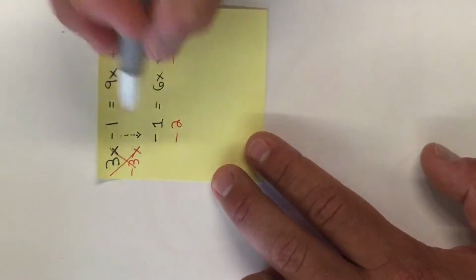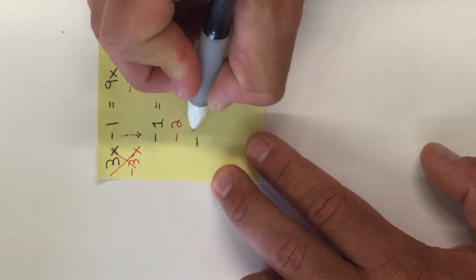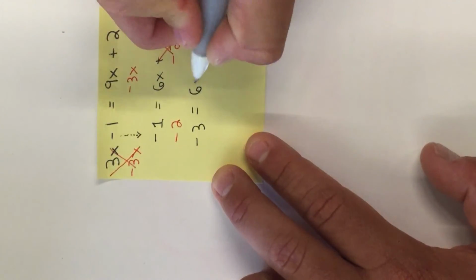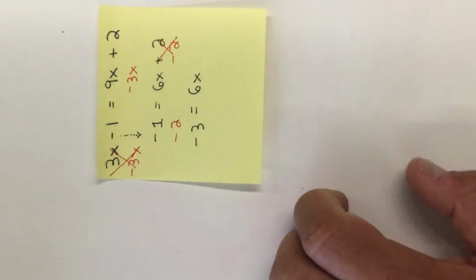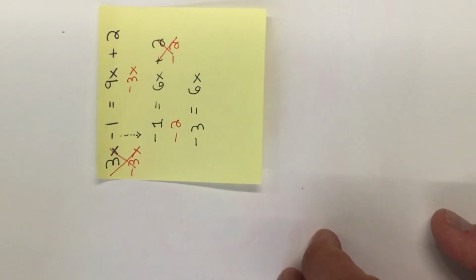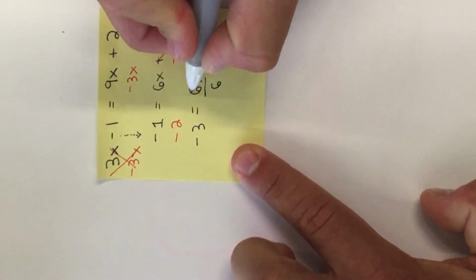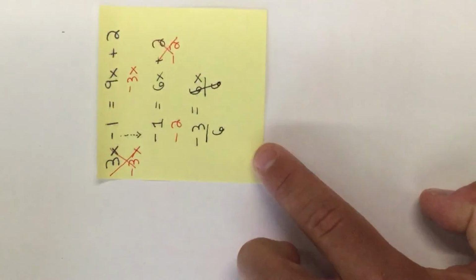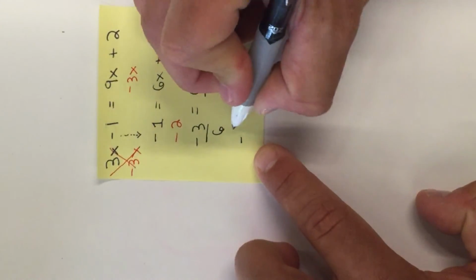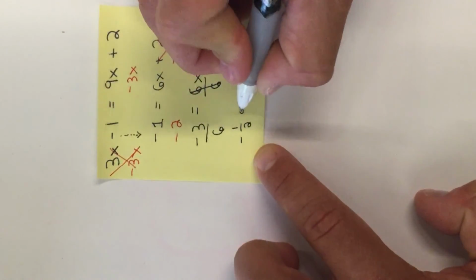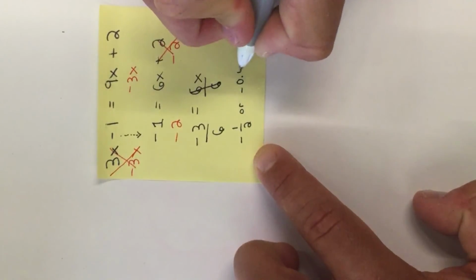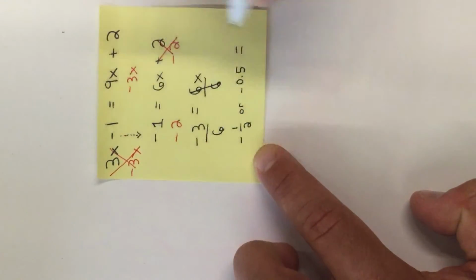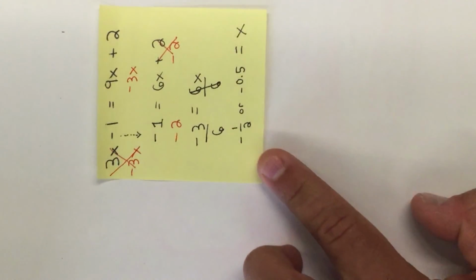I end up having negative 1 minus 2, which gives me negative 3, is equal to 6x. And lastly, I get rid of the coefficient by making 1. Divide by the same number makes 1, and I end up getting negative 1/2, or negative 0.5 equals x. Either one is the same.